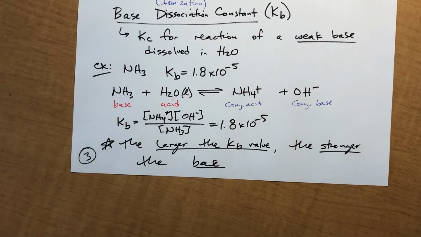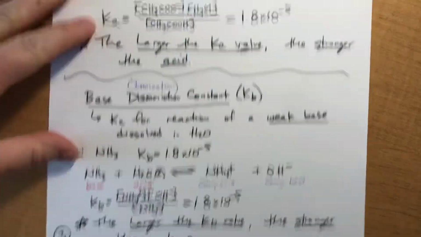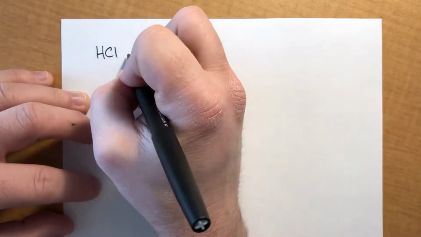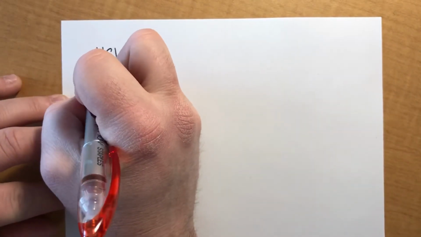So let's talk a little bit about strong acids, just for comparison's sake. Okay, there's a lot of stuff on one page, sorry. So if we had something like HCl, it turns out that HCl is a strong acid.